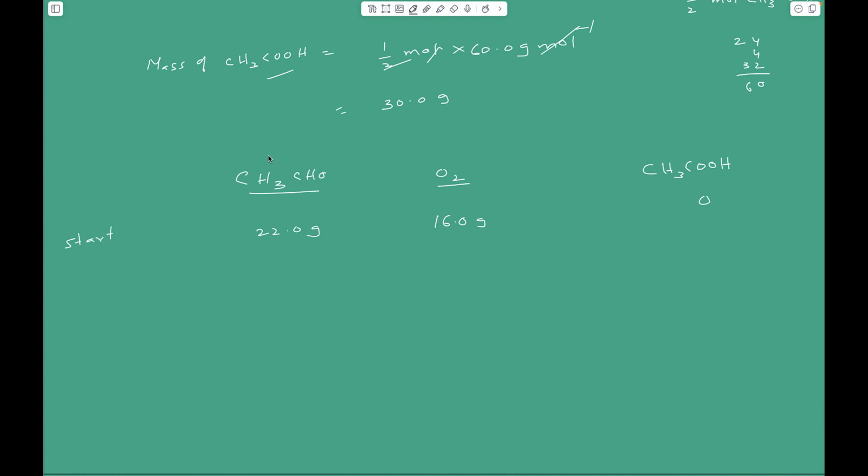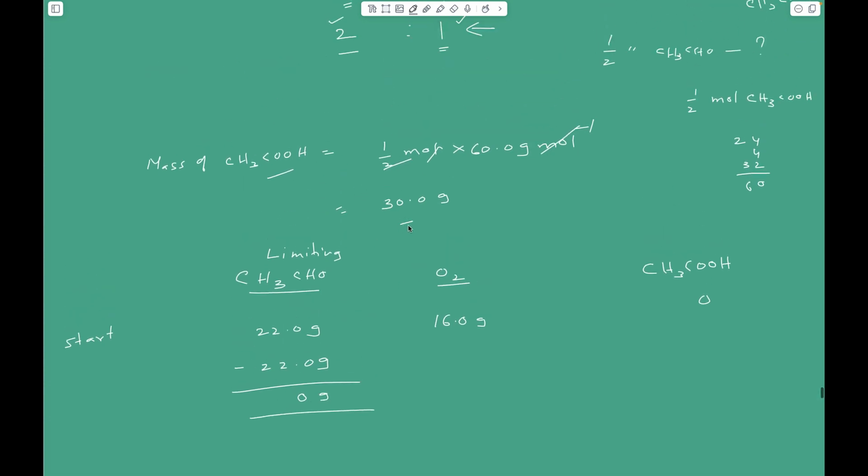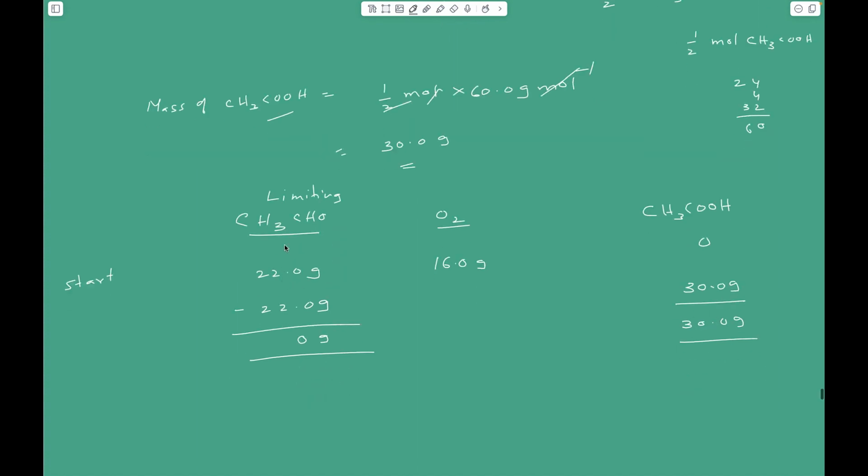Now, because acetaldehyde is the limiting reagent, by the end of the reaction, all the acetaldehyde we took would have reacted, leaving behind nothing. And in this calculation, we found that 30 grams of acetic acid is produced. So when 22 grams of acetaldehyde completely reacted with sufficient oxygen, we got 30 grams of acetic acid.